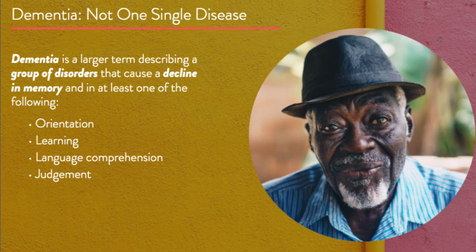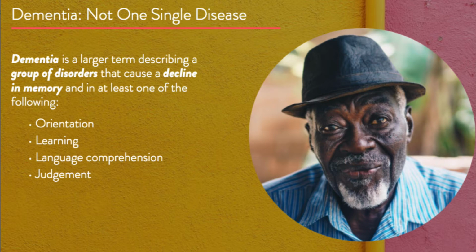The term dementia is an umbrella term for a group of disorders that describes advanced cognitive impairment, which is not considered a normal aspect of aging. We will use the term impairment throughout this module. Impairment is a medical term that means something is now weakened or damaged from its original healthy state.